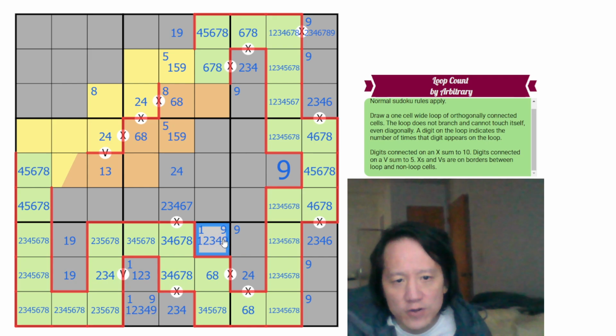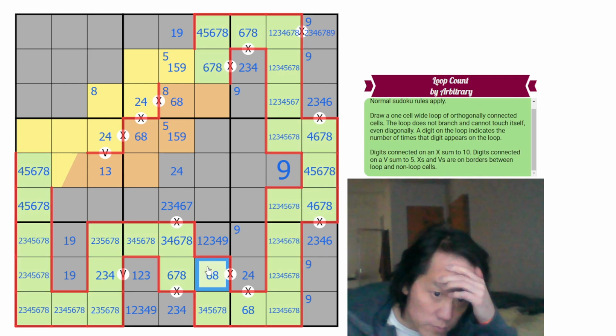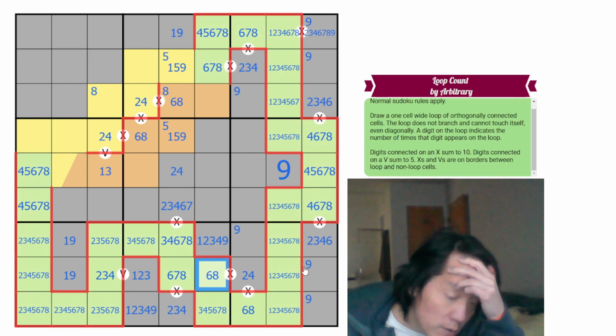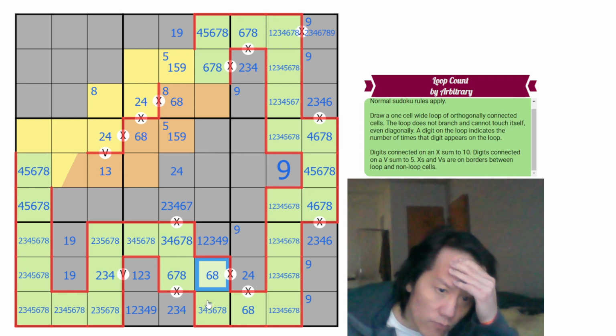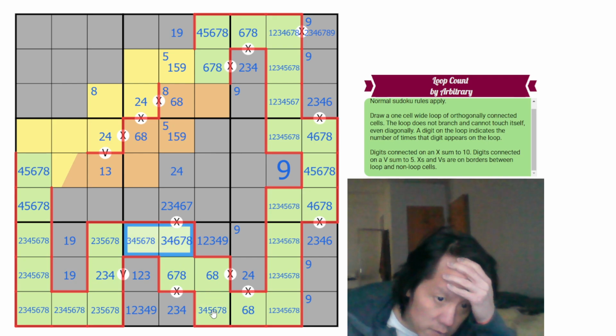So let's remove the outer ones because it's kind of confusing. Right, so then this has to be 6, 7, or 8. Because this, yeah. So then 5 is one of these two.